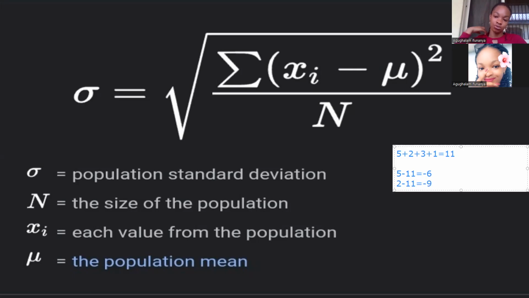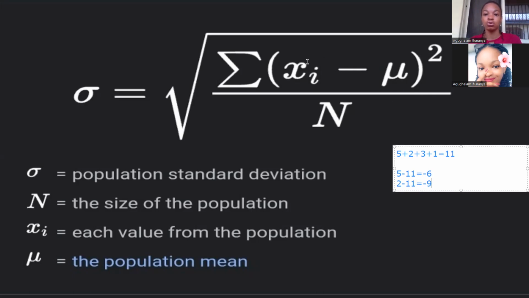And when you're done with this, you follow the formula, and you square it. So minus 6 all squared gives you 36. Then minus 9 all squared gives you 81.